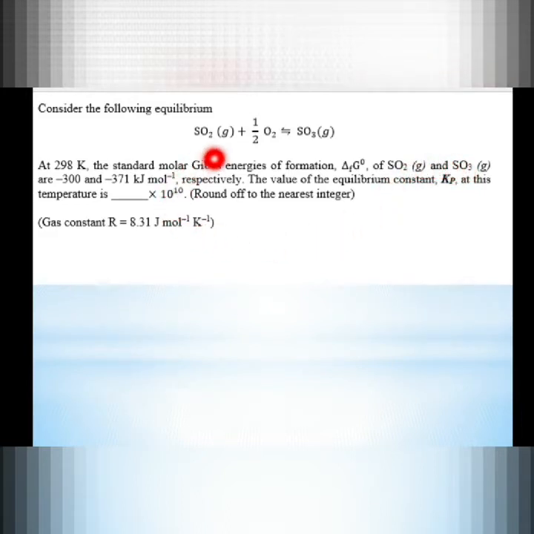For that calculation, it is also known that the Gibbs energy of formation of oxygen is 0.